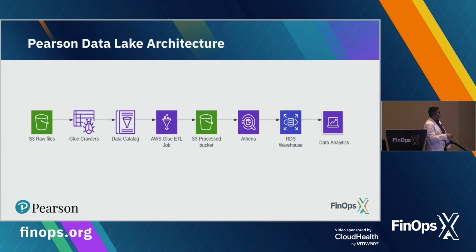Once you polish that data and put in your business rules, you put it on another S3 bucket, which is the process bucket. After that we have Athena, but it could be Redshift or some other tool, and you can take that data and use it as you need.